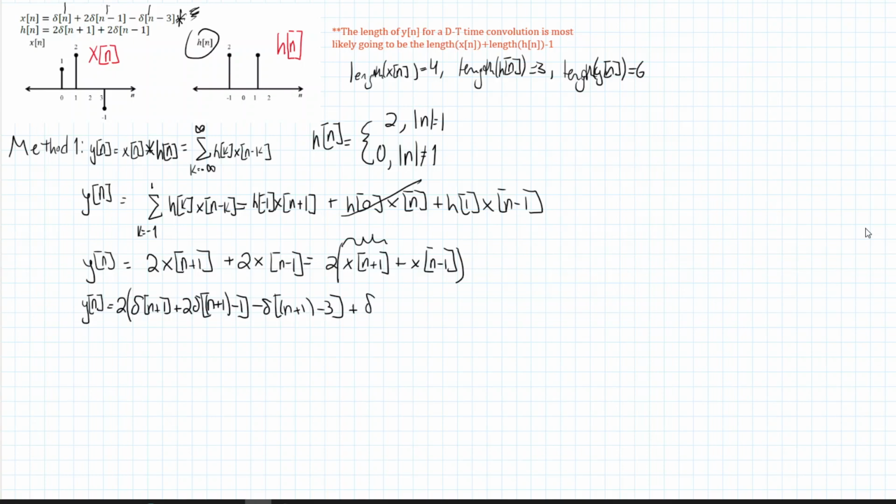So that's delta of n minus 1, plus 2 delta of n minus 1 minus 1, minus delta of n minus 1 minus 3.